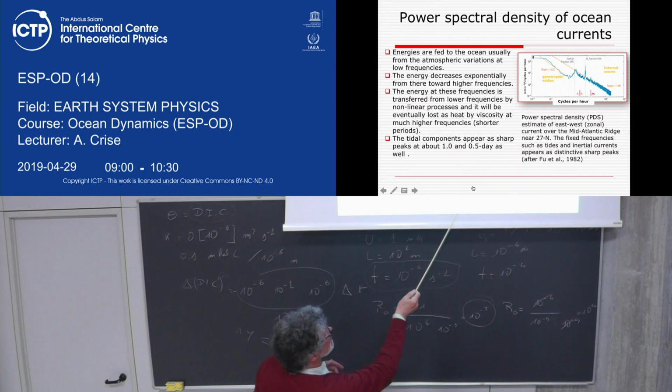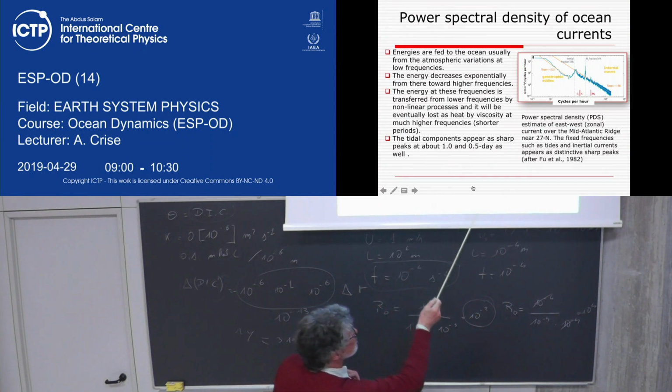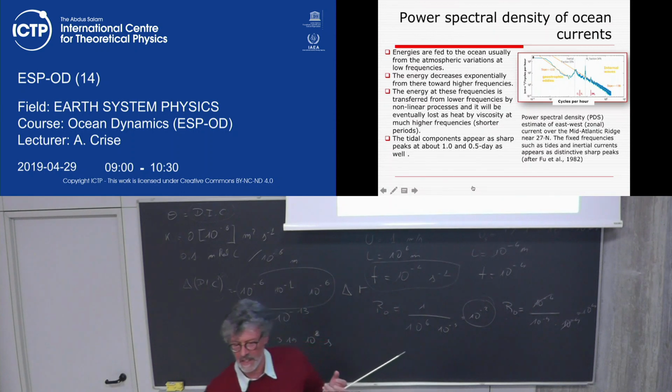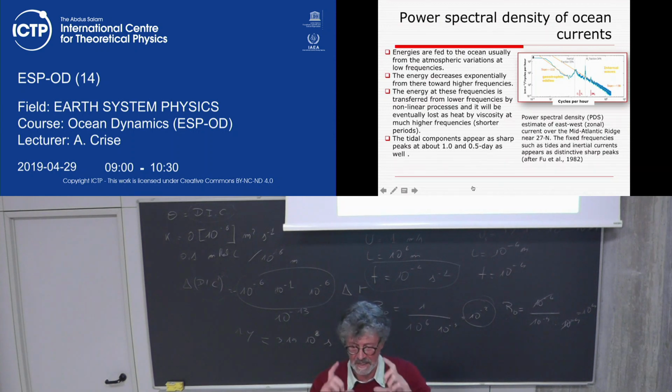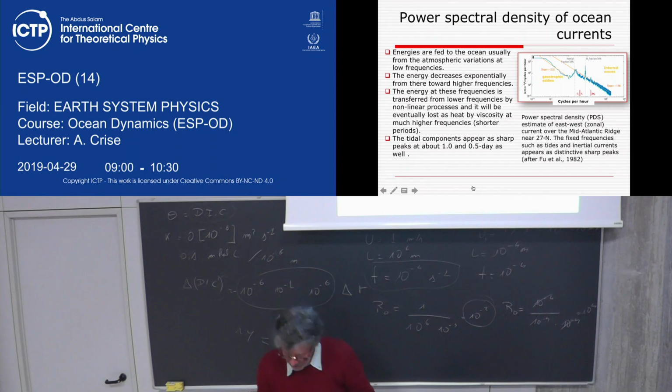But for circulation, you can have a continuum of energy at different frequencies. So the eddy is not a single dimension. We look at the patterns and they seem to always have the same dimensions. Not true.